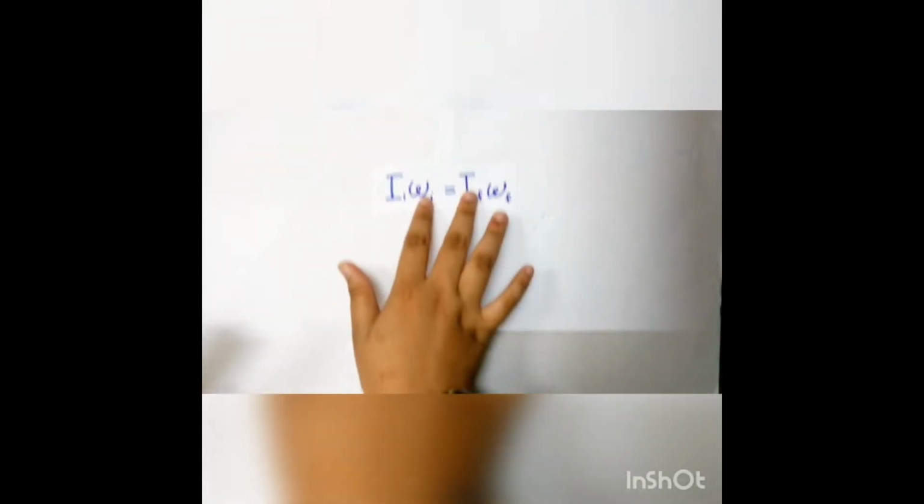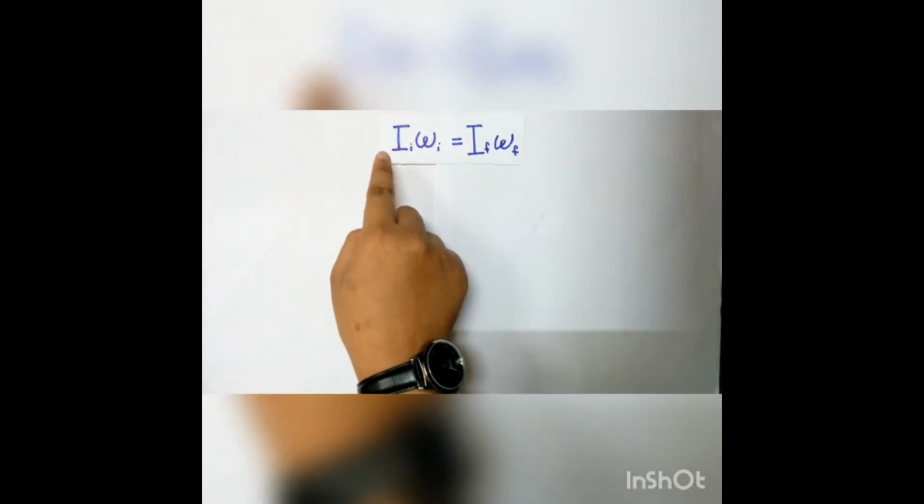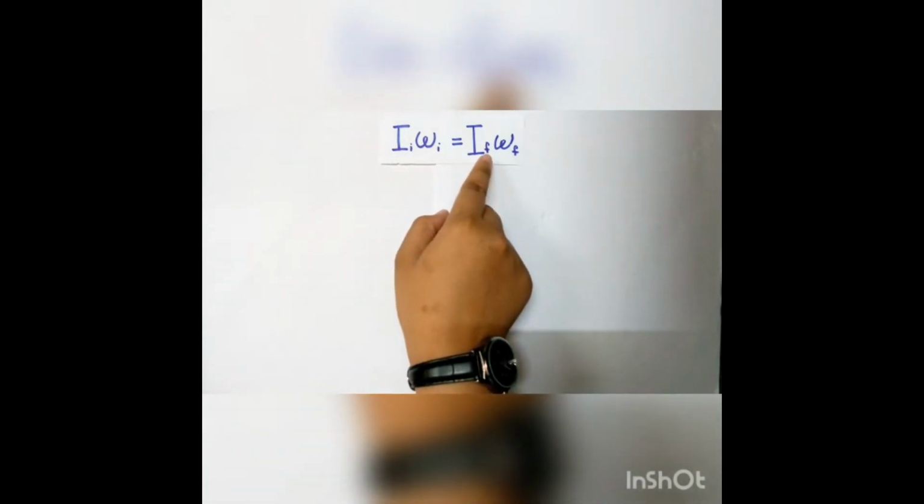Okay, for question B, we need to find the mass that can be added to reduce the angular speed to 15 radian per second. So for this question, we need to use the formula of conservation of angular momentum. The formula is the initial angular momentum is equal to the final angular momentum.